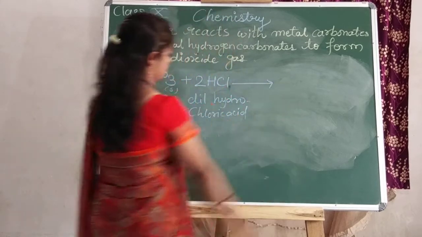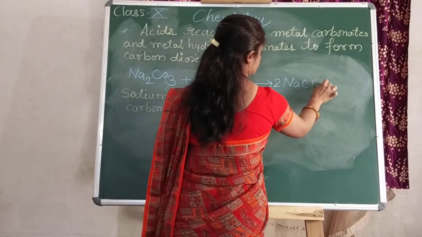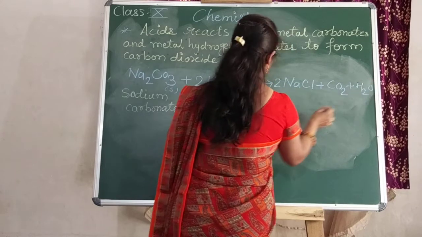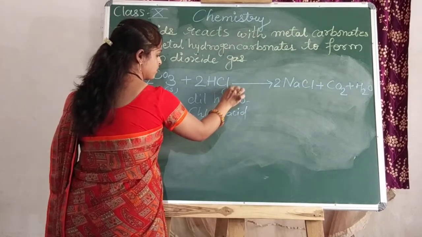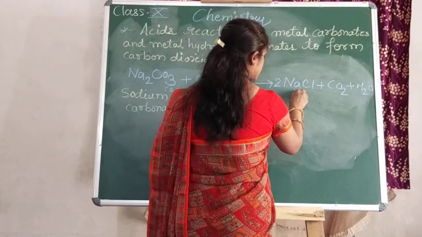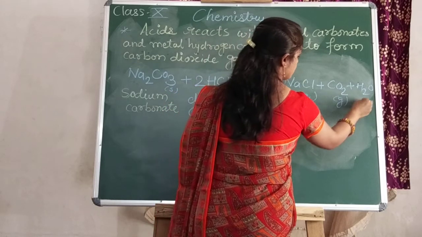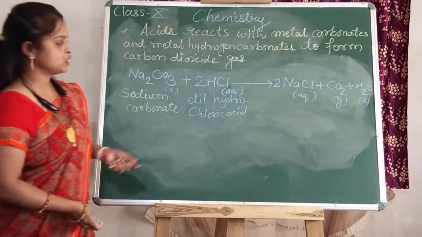When they react, it gives NaCl plus CO2 plus H2O. Now it's in aqueous form because we diluted this hydrochloric acid. This we get in the aqueous form, this is in gaseous form and this is in liquid form. Okay, this is sodium chloride.